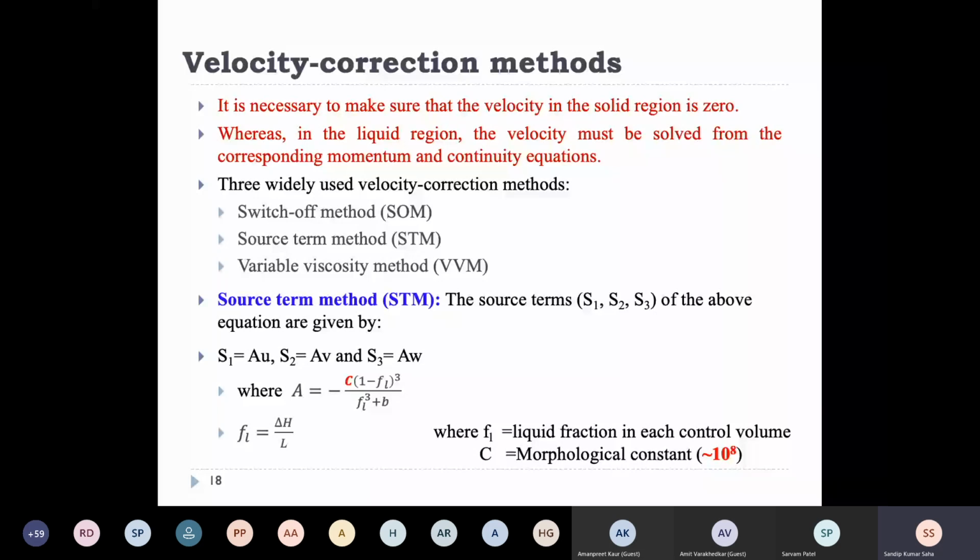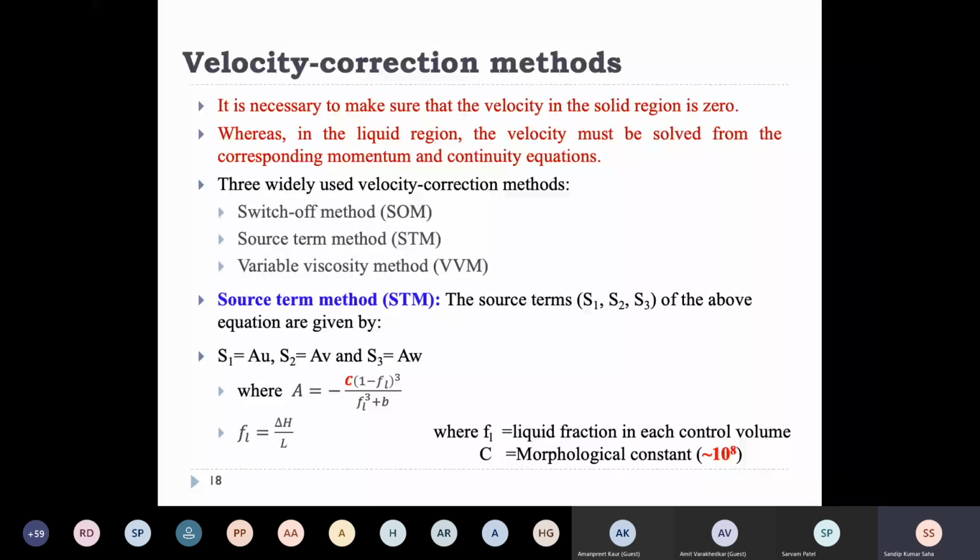Remember the porous medium model, where Darcy gave a pressure drop expression. But if you use the Darcy equation here, you have a difficulty because you will have more unknowns, so people don't take that. They use the Kozeny-Carman equation where the pressure drop is a direct function of the porosity, and porosity here is replicated by the liquid fraction. So there is nothing new, it is a logical way people model this.